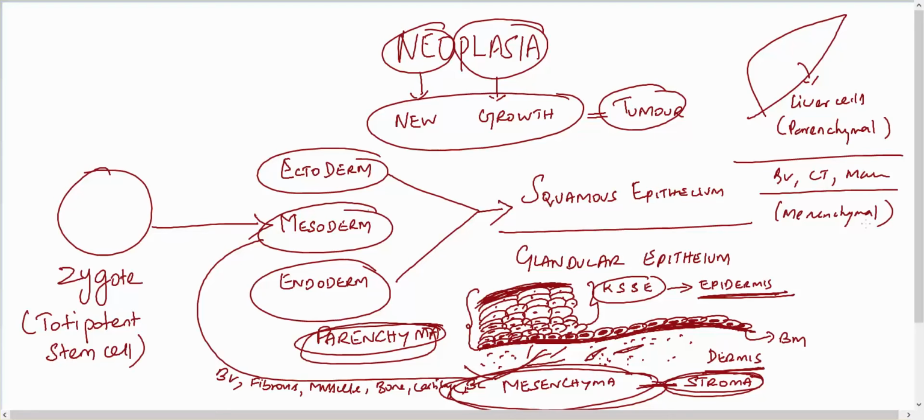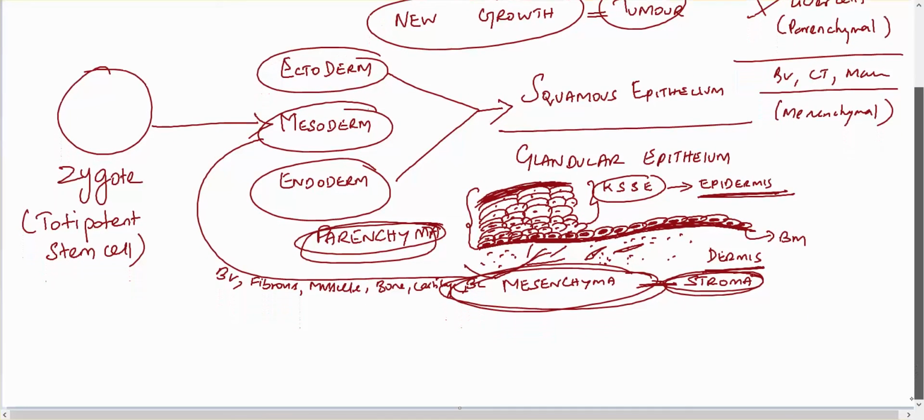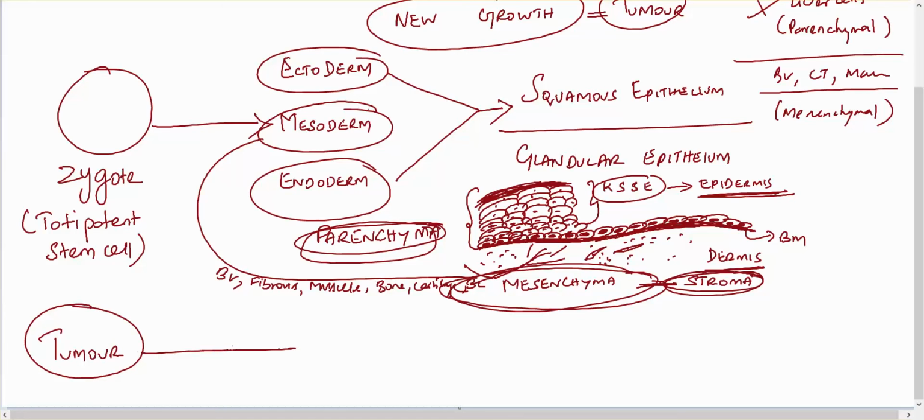So this is the basic explanation about parenchyma and mesenchyma. And if you take a tumor, the tumor also contains two components, parenchyma and mesenchyma.